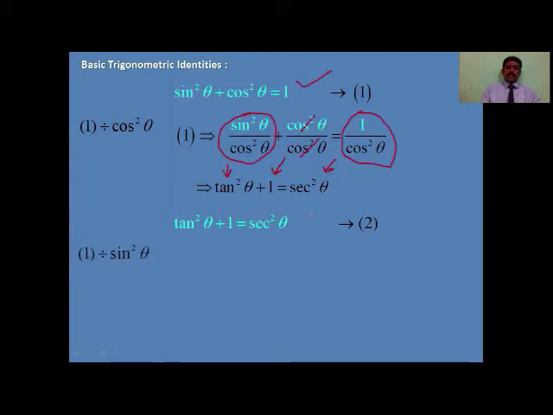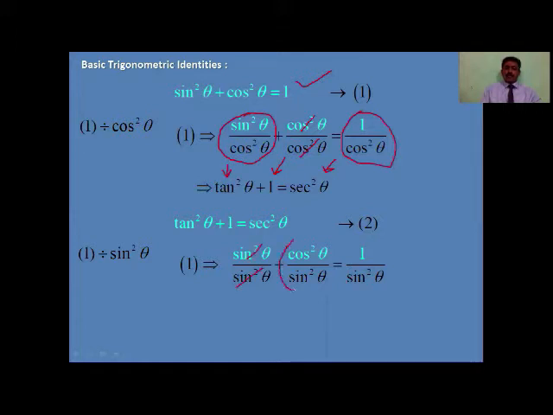If you divide the equation 1 by sin square theta, we get sin square theta by sin square theta plus cos square theta by sin square theta equal to your right hand side, 1 by sin square theta. Here these two are the same, so I have cancelled, giving 1.